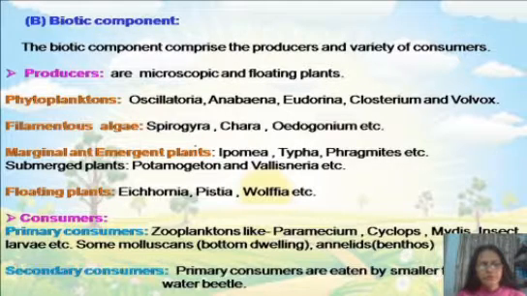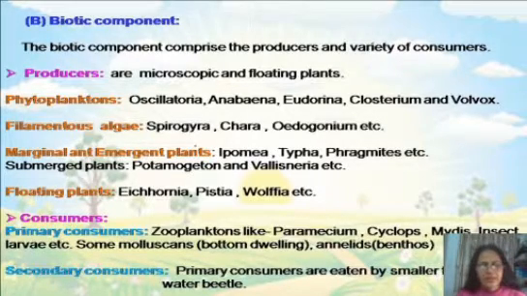They are zooplanktons like Paramecium, Cyclops, Daphnia, insects, larvae, and some mollusks and annelids, means benthos. Primary consumers. Next is secondary consumers.